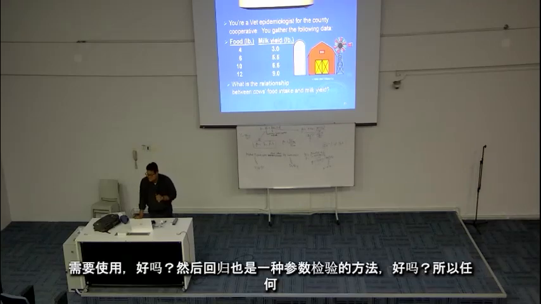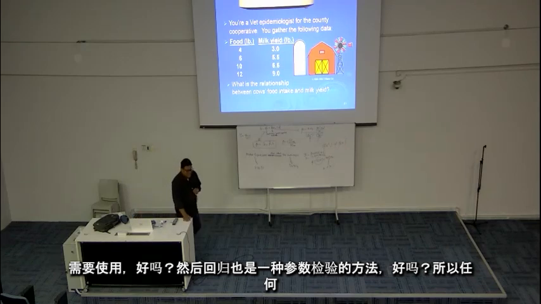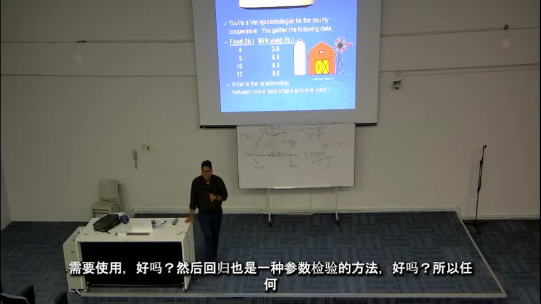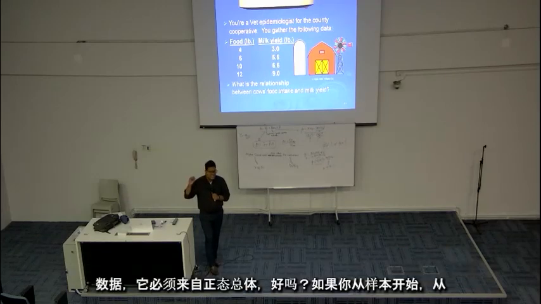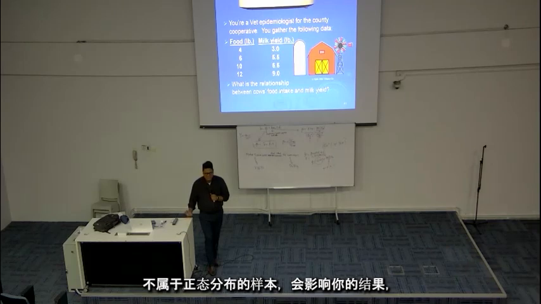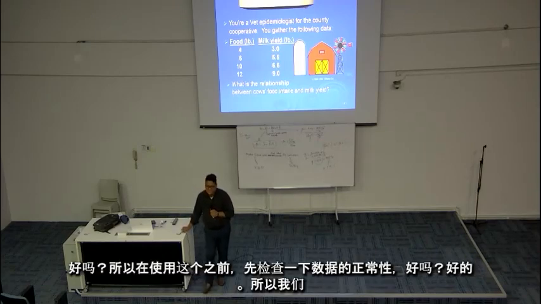Also, regression is a parametric method, so the data must come from a normal population. If the sample does not come from a normal distribution, it will affect your result. So before you use this, check the normality of the data.